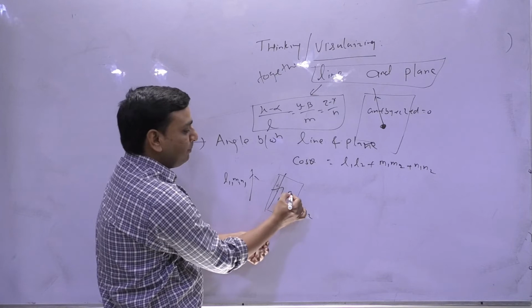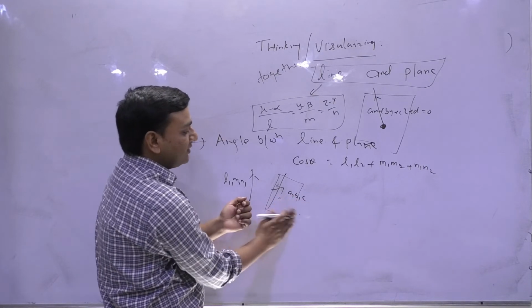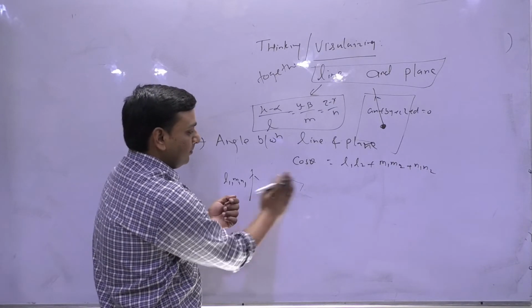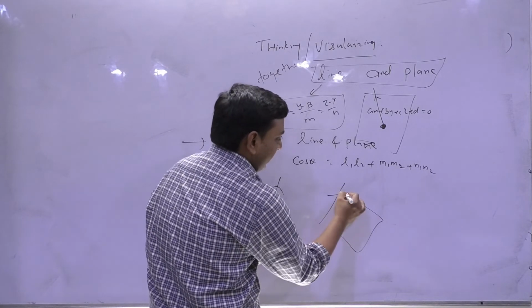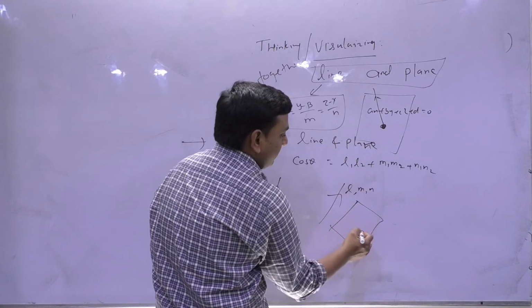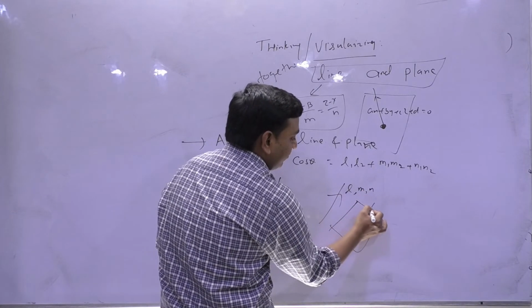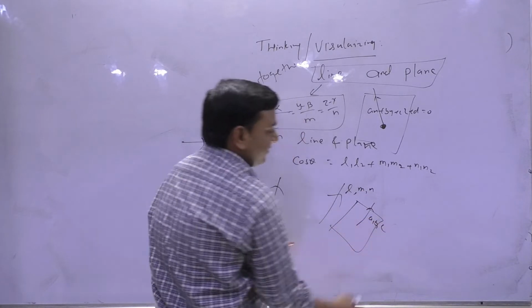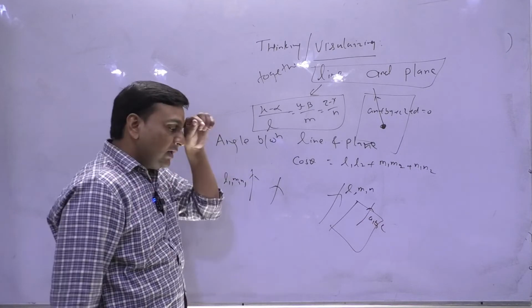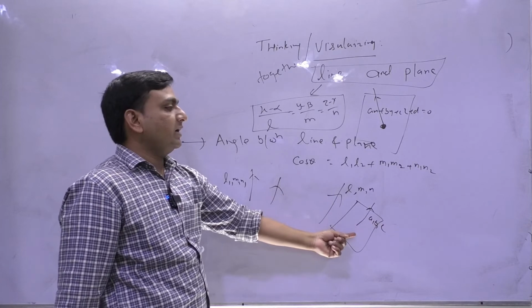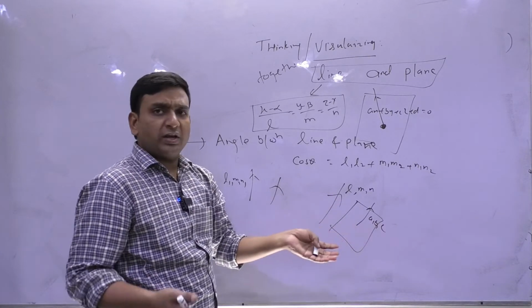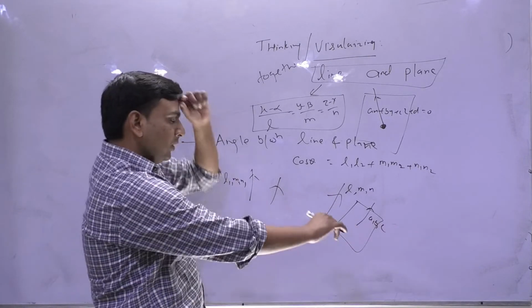So if I say plane के DRS are ABC, एक तो line था, ठीक है? Suppose that this is a line and this is a plane. इसके DCs are LMN और इस plane के DRS are ABC. Clear? Repeatedly I am saying either you are taking DRS or DCs. DRS ले रहे हैं तो you can write DCs also, no issues.